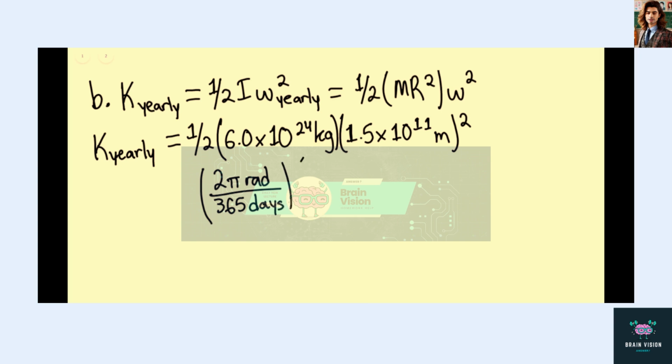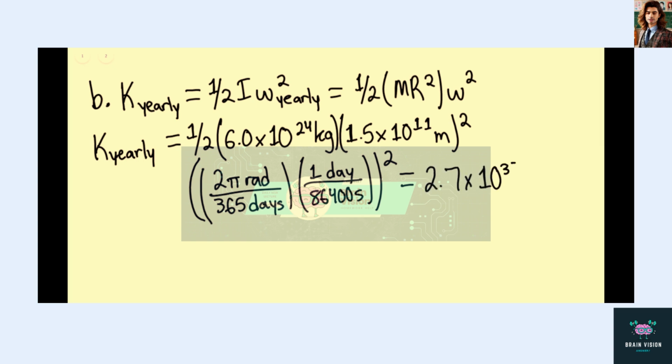And then again, multiplied by 1 day for every 86,400 seconds. And this entire term will be squared. And we find that the total rotational kinetic energy for the yearly orbit around the sun would be 2.7 times 10 to the 33rd joules. So this would be our answer for part B.